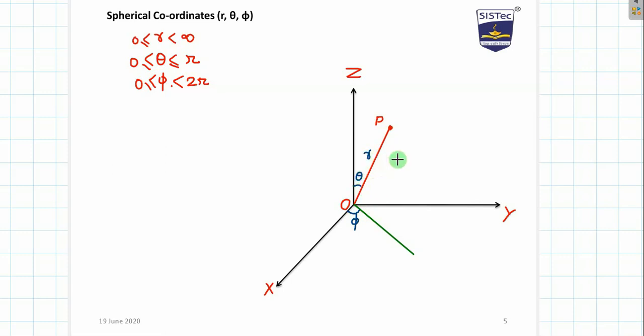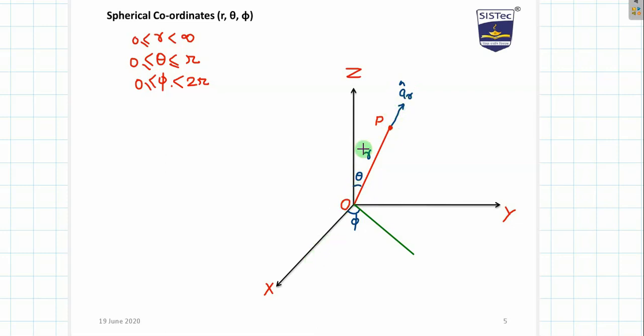Now, in the direction in which they are increasing, in that direction only we will show their unit vectors. This r is increasing from 0 to this point, so the direction of the r vector will be in this direction. So this will be your a_r. This is the direction of a_r.